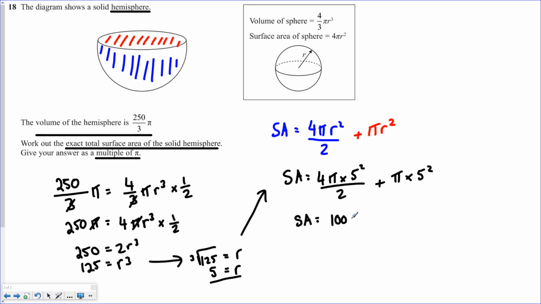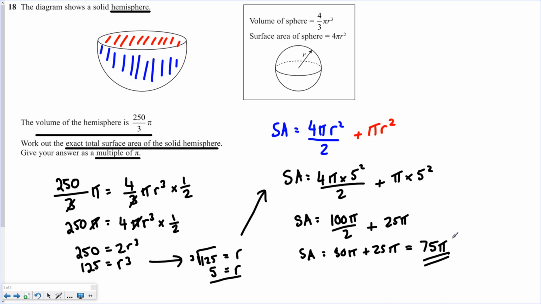So we're going to get 100 pi divided by 2 plus 25 pi, because 5 squared is 25. 100 divided by 2 is equal to 50 pi plus 25 pi. Therefore the surface area must be equal to 75 pi. Our answer had to contain a pi, a multiple of pi, so 75 lots of pi.